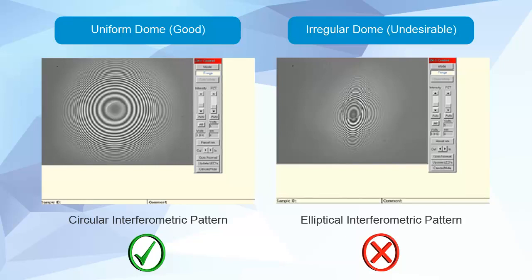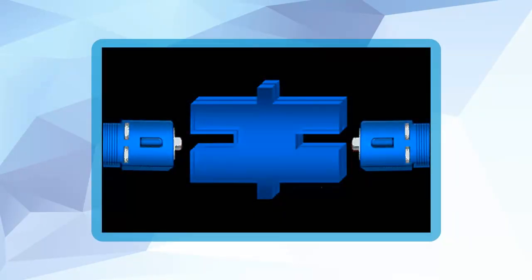Reliable operation of connectors depends on the proper geometry of the convex polished ferrule end face. Connector parameters should be routinely checked by interferometric inspection and include radius of curvature, apex offset, fiber projection, undercut, and polishing angle.